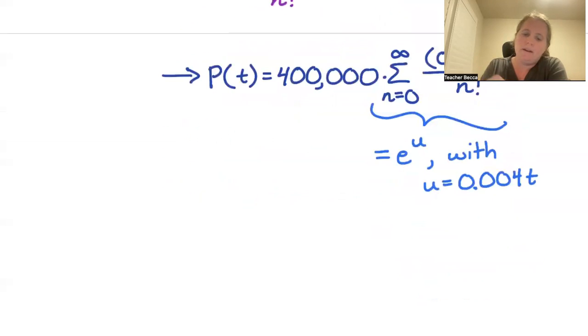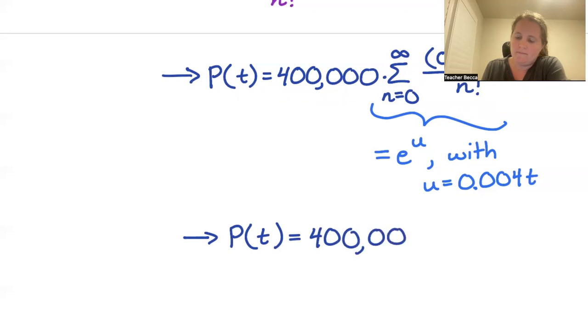And so what we get is that p of t is simply 400,000 times e to the 0.004 t.